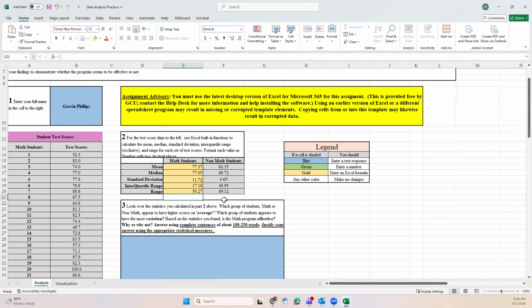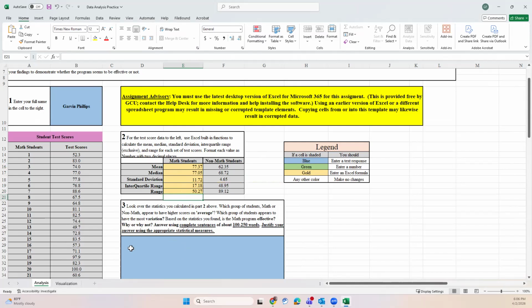All right, so looking at this data, I would say, oh, wow, this has a higher average or measure of center. Notice that what you're going to talk about is you're going to talk about higher score on average. That would be a measure of center. Appears to have the most variation, so the spread, and you're going to base these results and talk about it in here using these values.